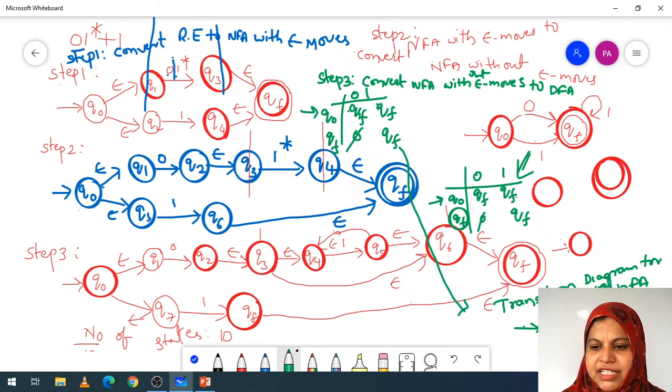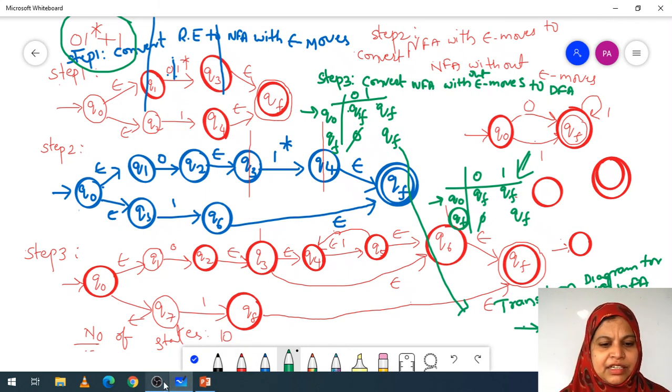Q naught on 0 is QF, Q naught on 1 is QF. Next, QF on 0 is null, QF on 1 is QF only. This is my finite automata for the regular expression 0 1 star plus 1.